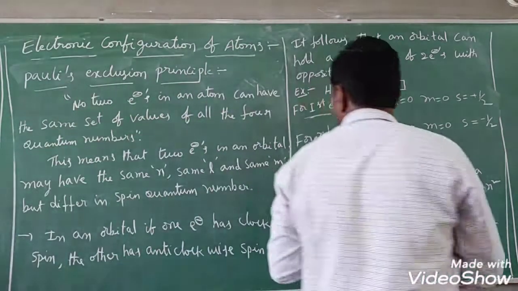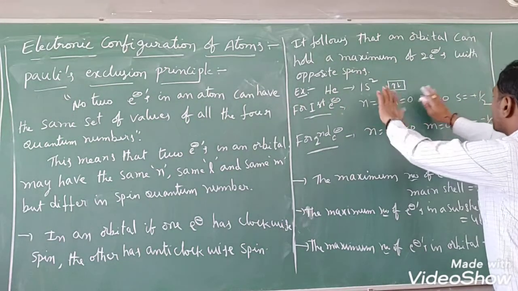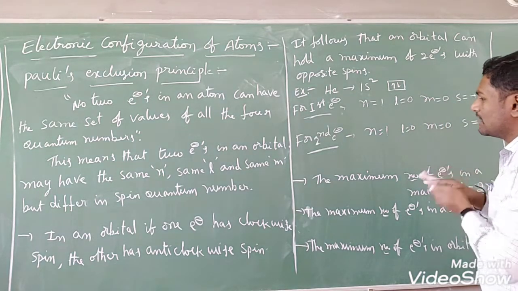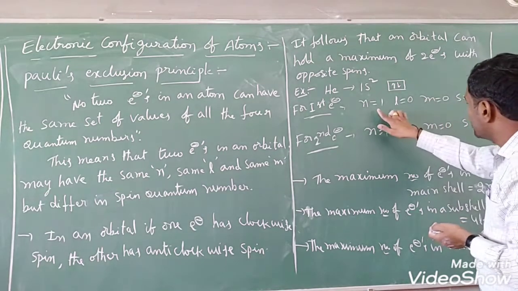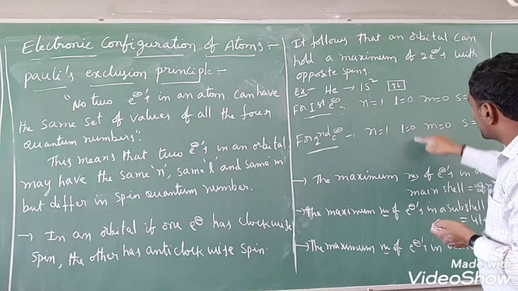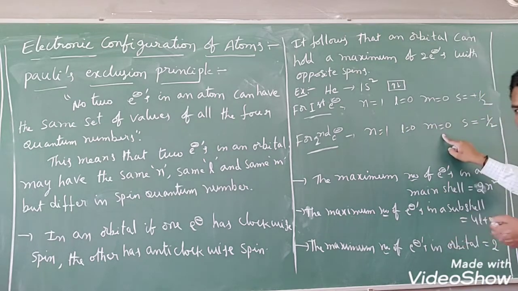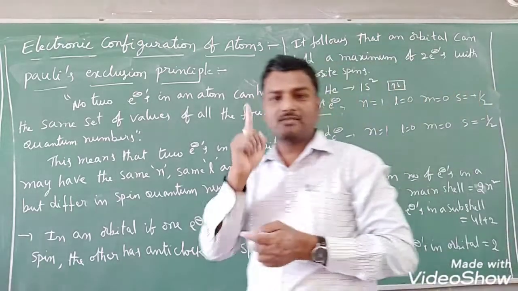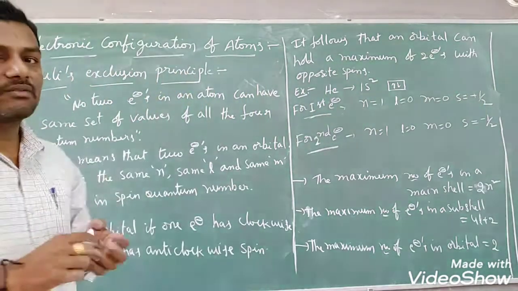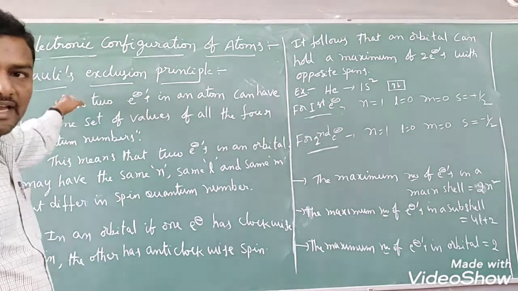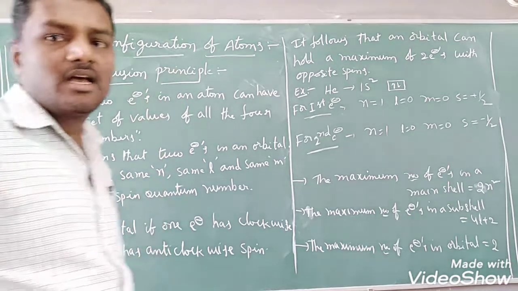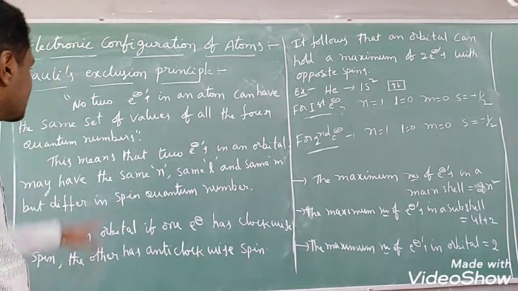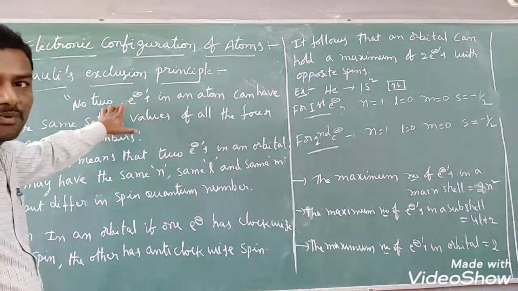That means two electrons in an atom may have the same n, same l, same m, but they differ in the spin quantum number, students. That we have to keep in our mind. That was given by the scientist Pauli, Pauli's exclusion principle. This is very, very important, right?